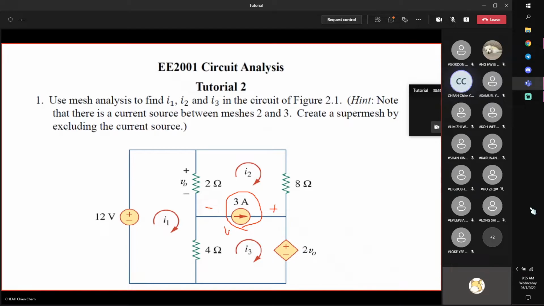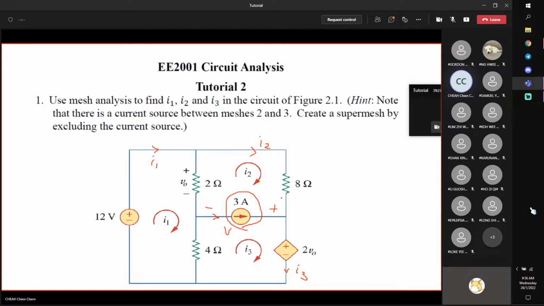We do not know this voltage, but on the other hand, it also tells you that this current is 3 ampere. And in this circuit, the currents are already assigned to you. I just want to stress that this is I1, this is I2, and this is I3.